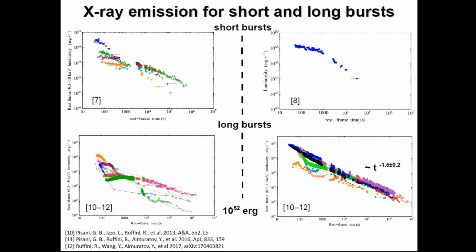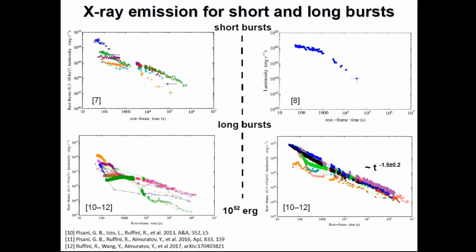And there is a fundamental difference between what is before and after 100 seconds, for the one which has a black hole inside and the other one which doesn't.